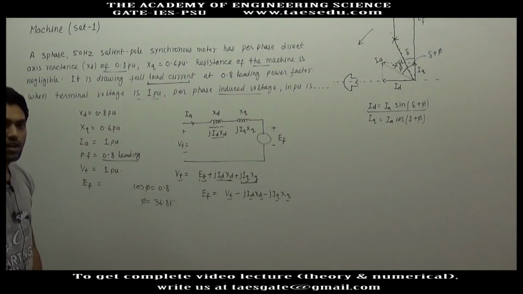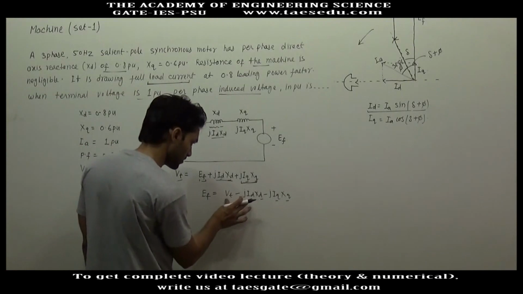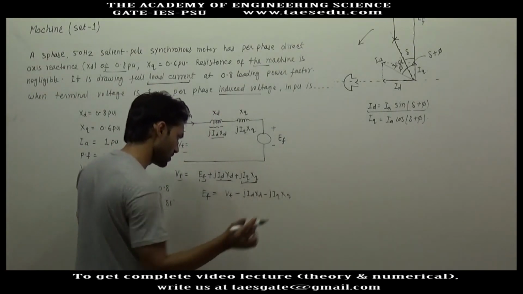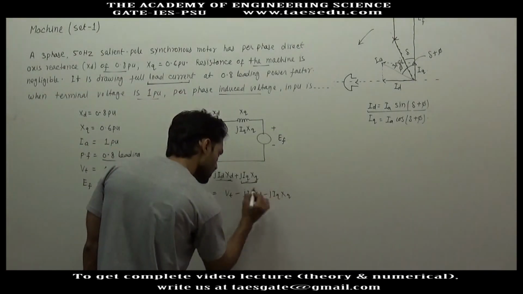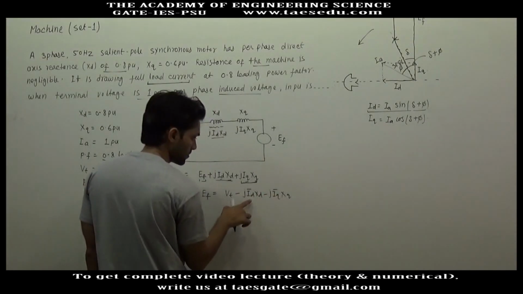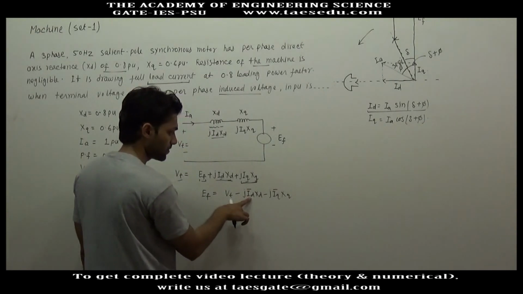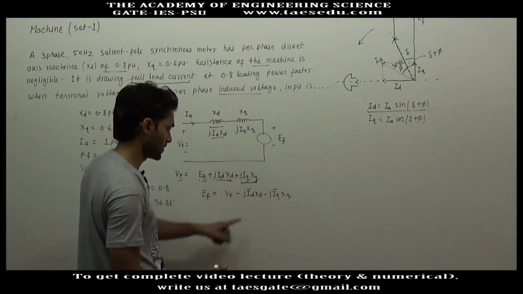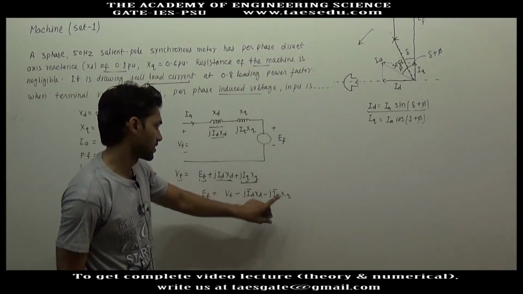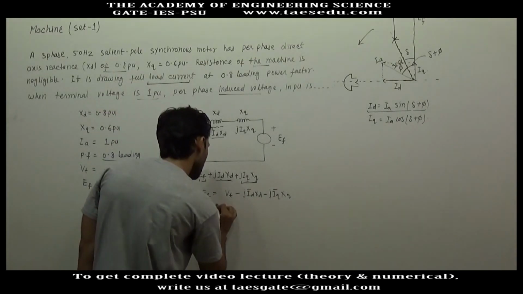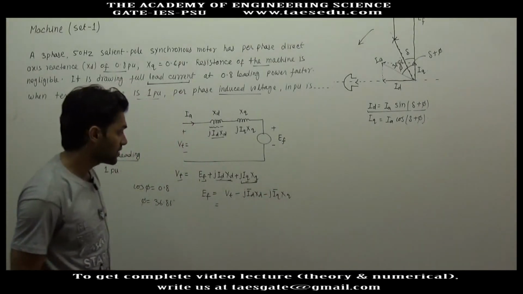But in the theory lecture, what we have studied, if we slightly modify this equation, how will we modify? These are vectors, these are not the magnitude of Id. This is the phasor of current Id, phasor of current Iq. So let us do some modification as we did in the theory lecture.